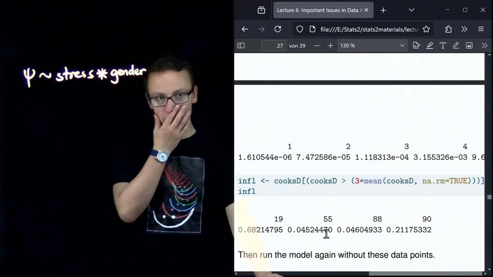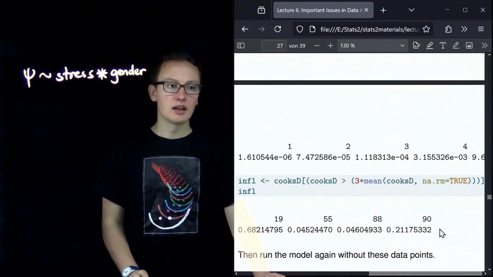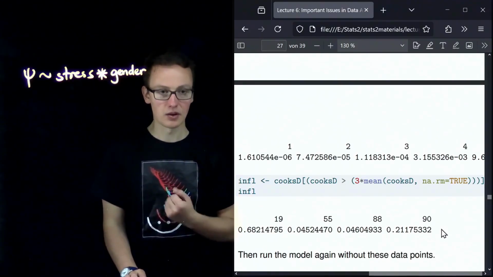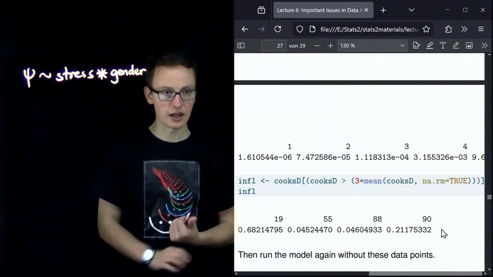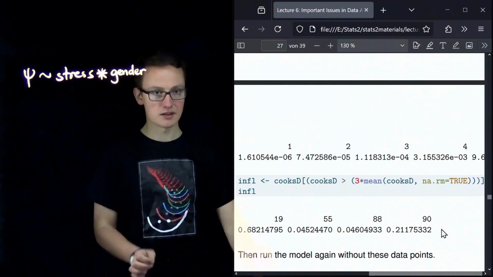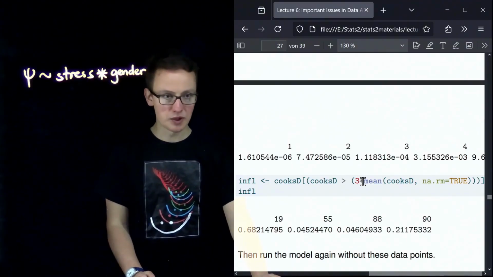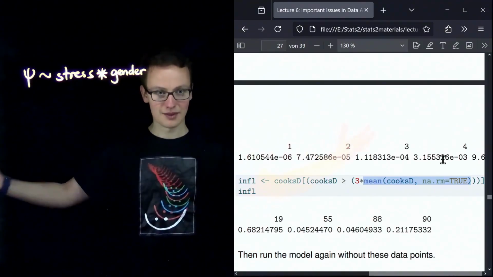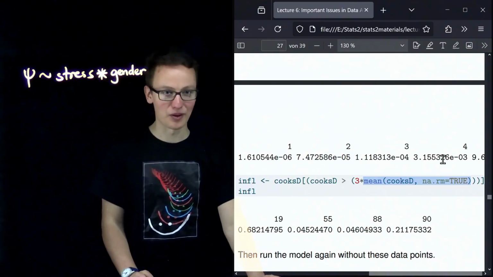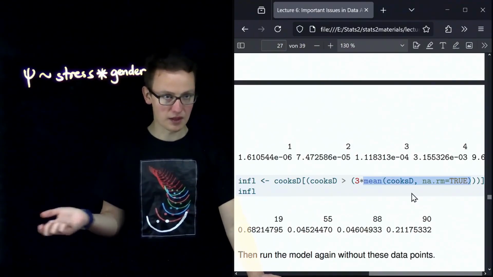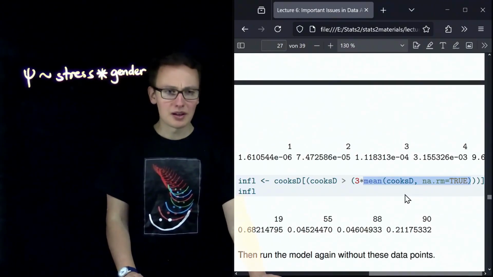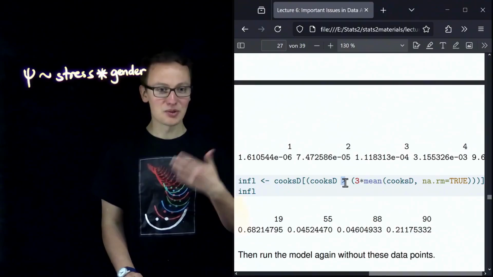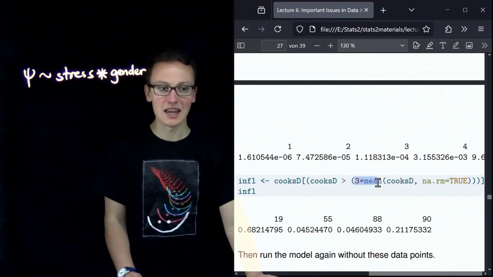So what we could do now, for example, is to filter out the data points that, based on Cook's distance, are the most influential ones on the result of the regression. We could set a threshold: we compute the average Cook's distance across this entire set of Cook's distances for all of our individual data points, and we say I want to know which data points have a Cook's distance bigger than 3 times the average Cook's distance.